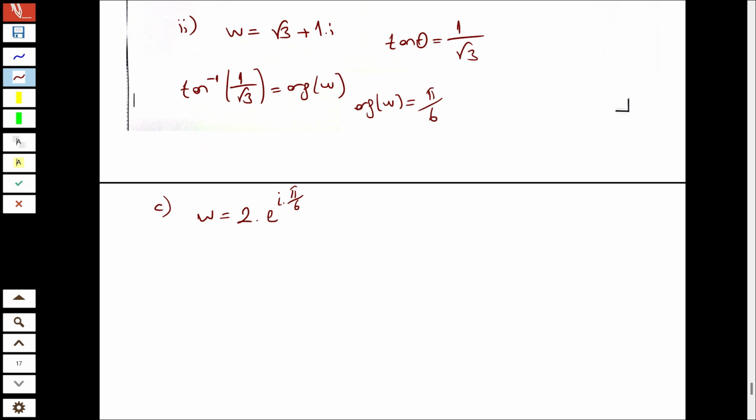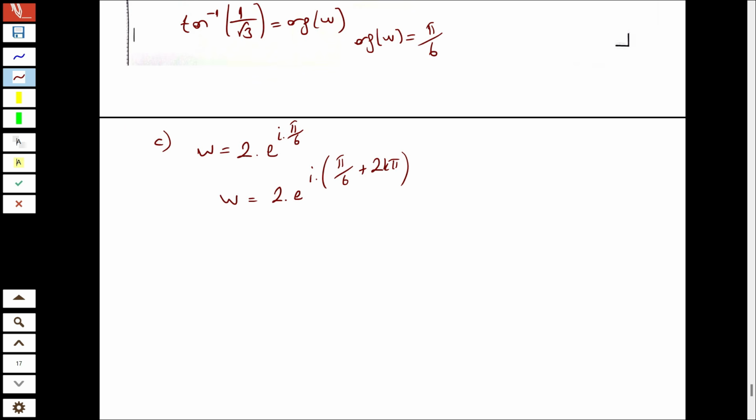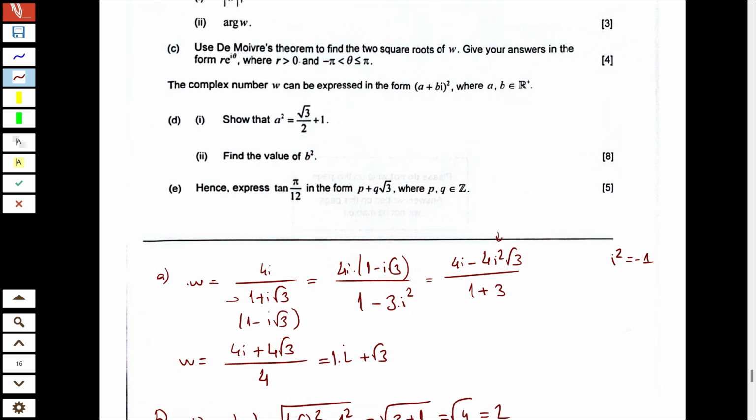So to find the roots of this complex number, I will write the angle pi over 6 plus 2k pi, because it's periodic and we can change k, and in this case the complex number will give us the same. But when we apply the De Moivre rule to find the roots of this complex number, it asks for square roots.